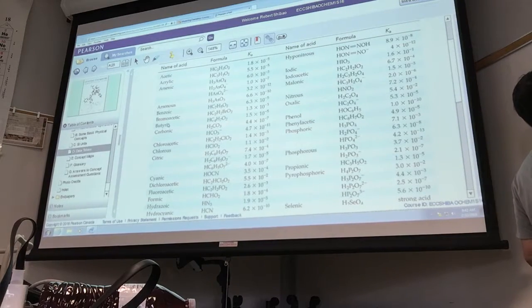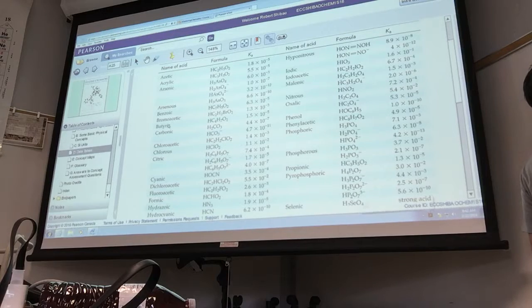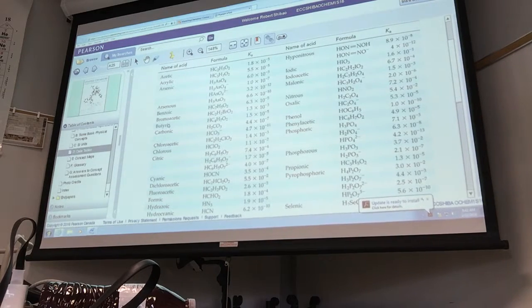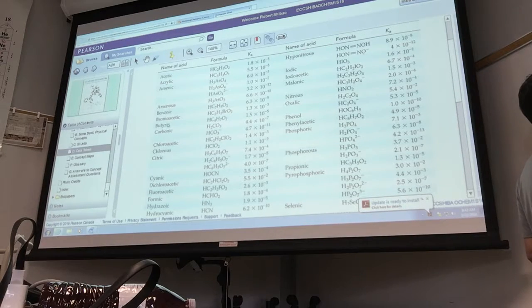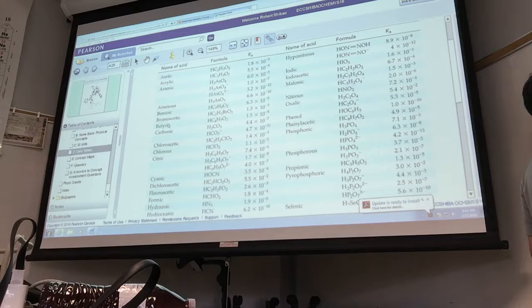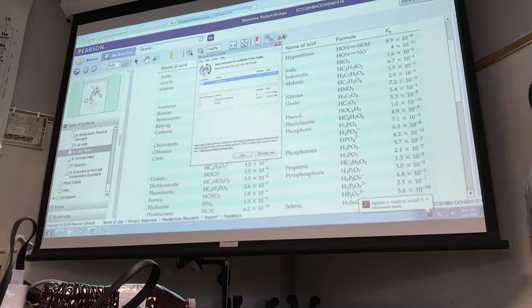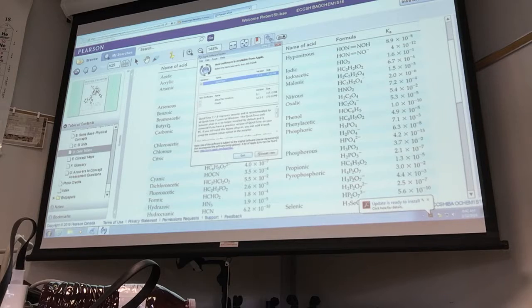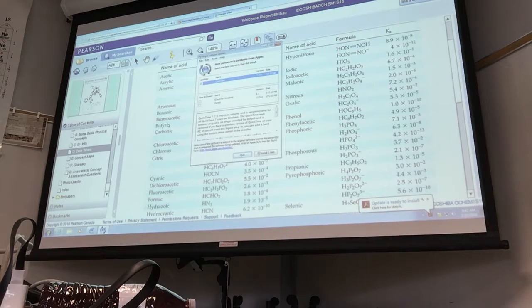You know, for monoprotic acids, we only have Ka and Kw to deal with. For polyprotic acids, we have more. So monoprotic, we just deal with these two equilibria. Polyprotic, we're going to have Ka1, Ka2, and so on, and Kw.